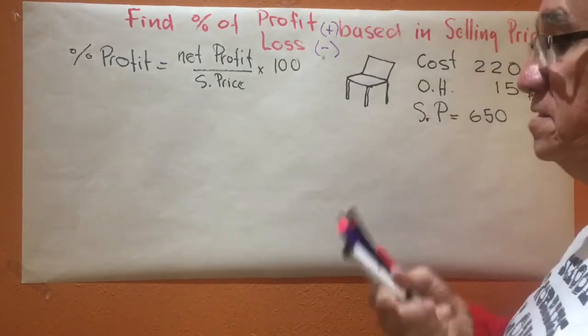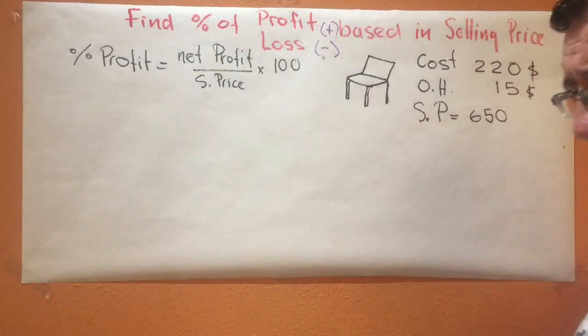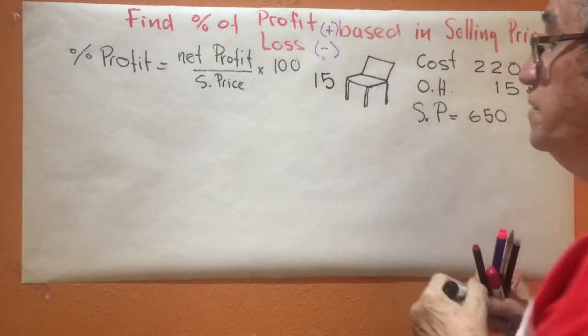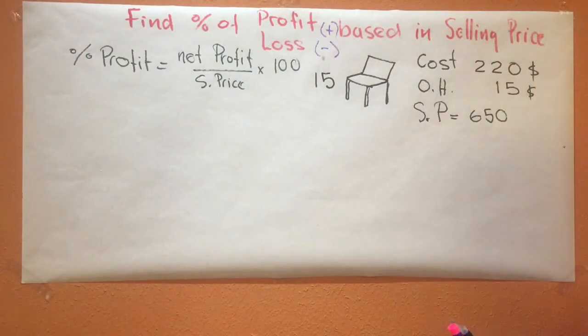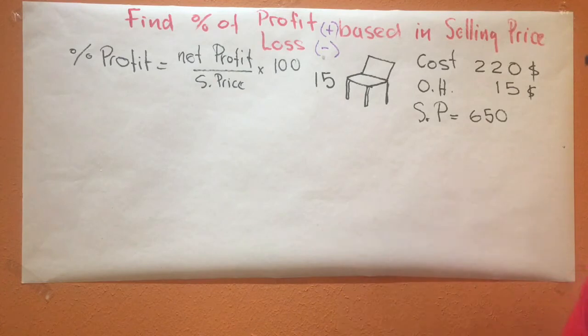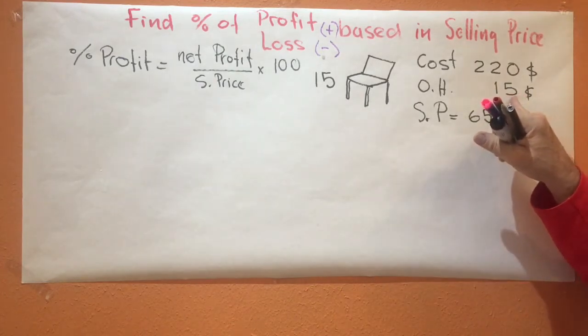And that's the case where we are making money. Let's see. I bought 15 chairs that cost me $220. And my overhead, because these chairs had to be cleaned and transported, was $15.